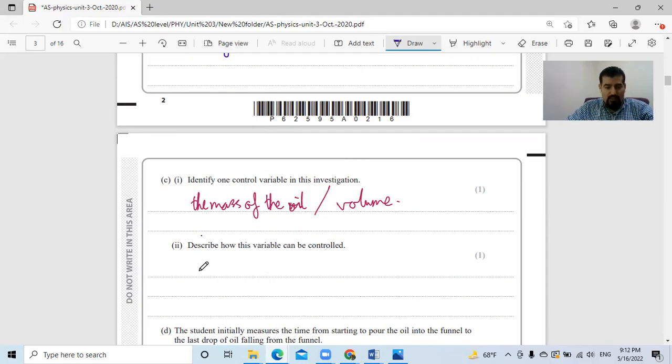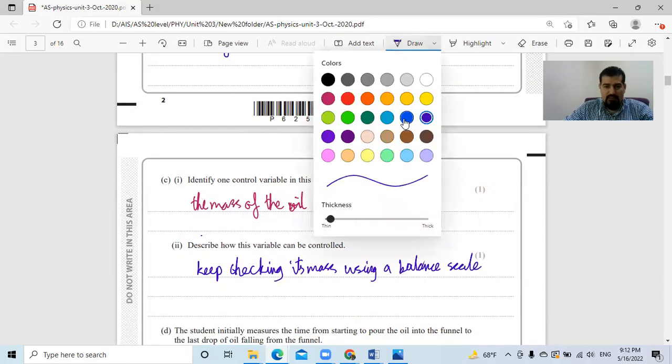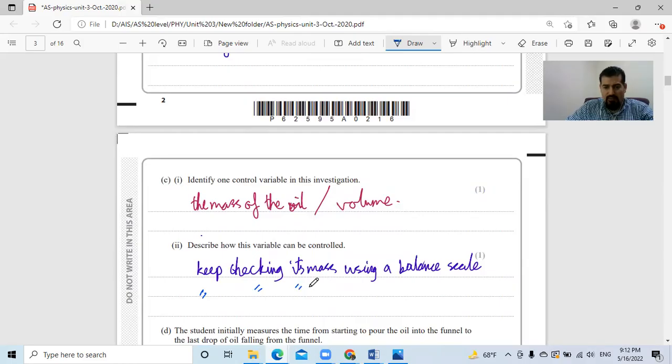So keep checking its mass using the balance scale, or we can say keep checking its volume by the measuring cylinder.